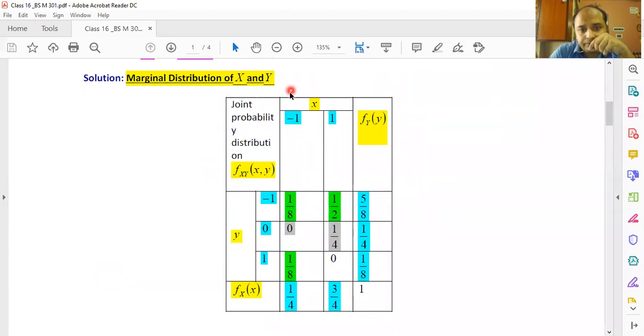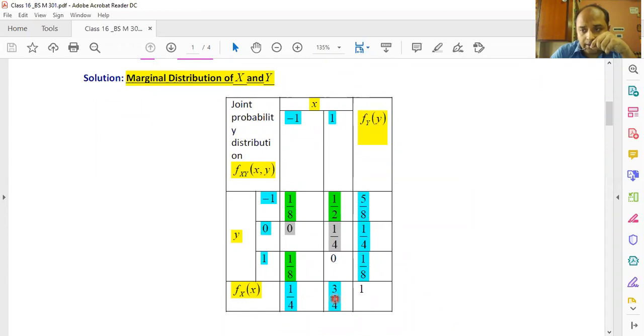Now, I have again prepared the joint probability distribution as it is shown in the question. Everything has been copied as it is, but two things have been added here. One extra column and one extra row have been added.